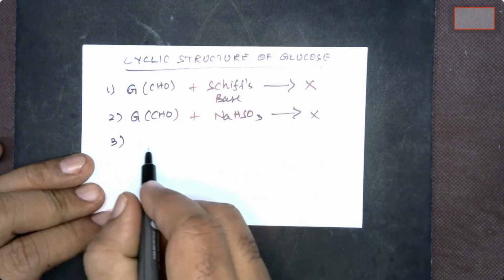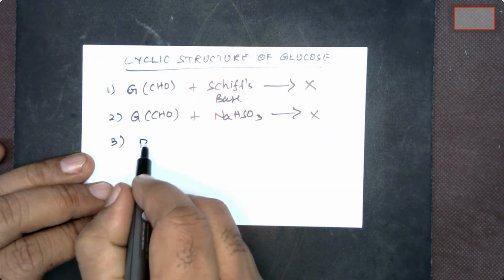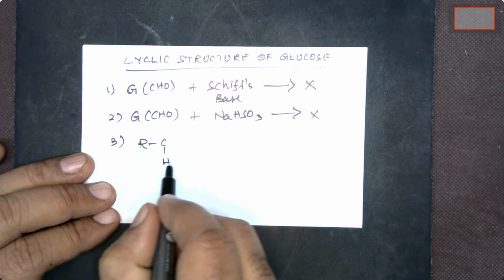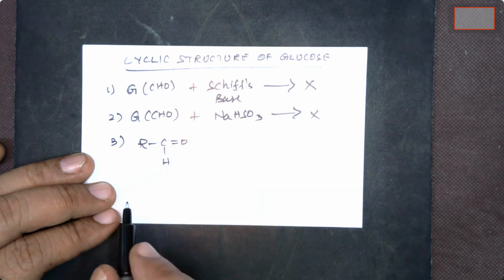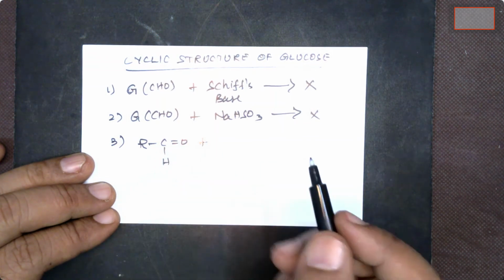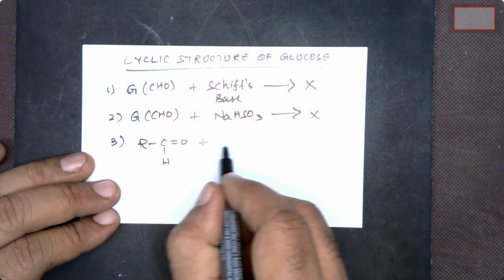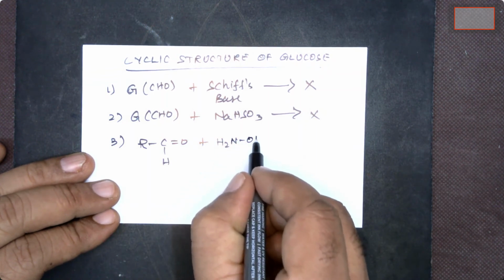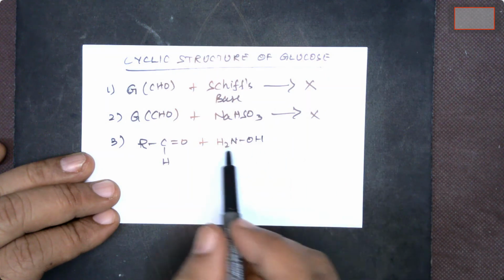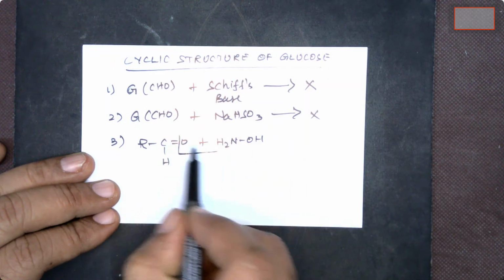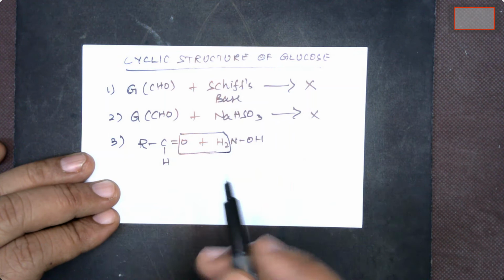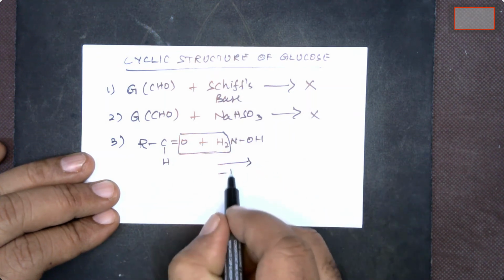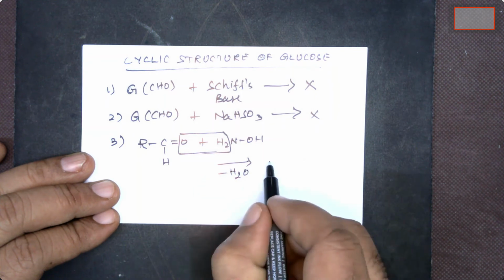For example, any aldehyde RCHO will react with hydroxylamine, NH2OH, forming water, and the water is removed and it forms an oxime.